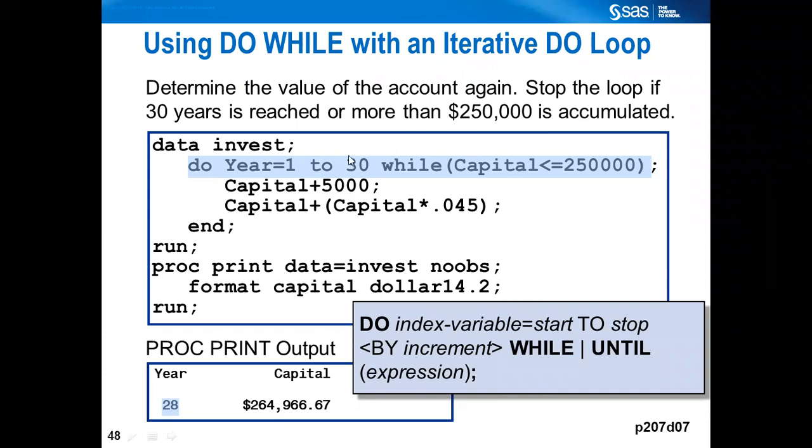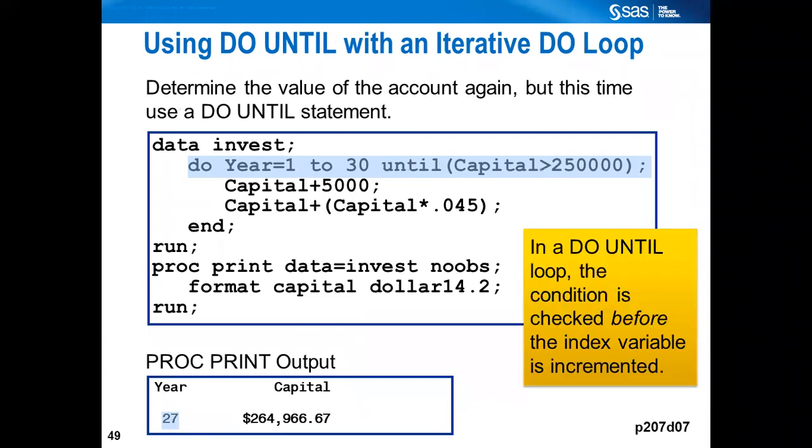So whichever one condition is true, it will stop processing. It finds that at the year of 28 the capital amount has exceeded 250,000. So it's not waiting until 30 years has been reached for this loop. Whichever comes first.